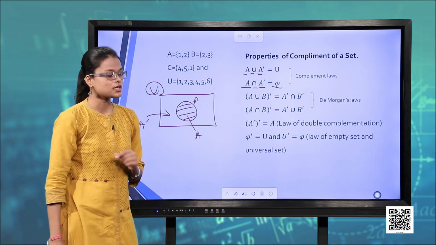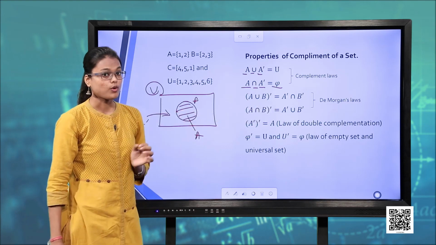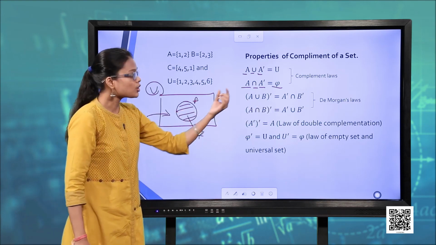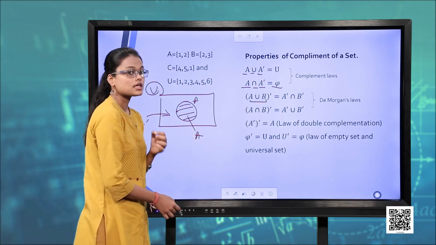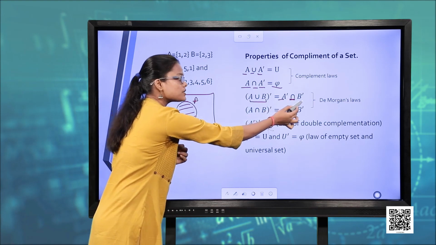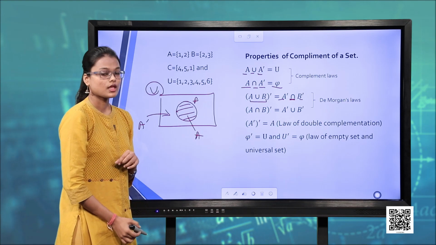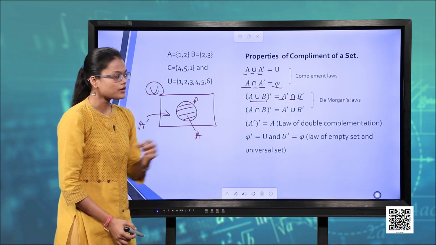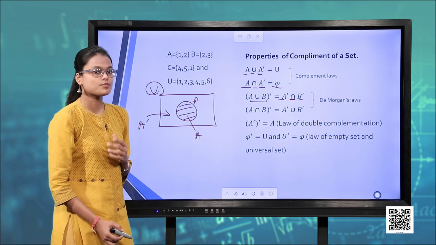The next property is very important, De Morgan's law. And what does it say? The complement of the union of two sets is equal to the intersection of their respective complements. Let us verify one with an example and the other you may do by yourself.